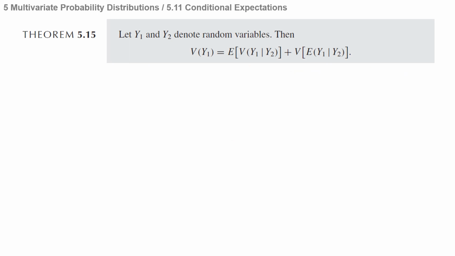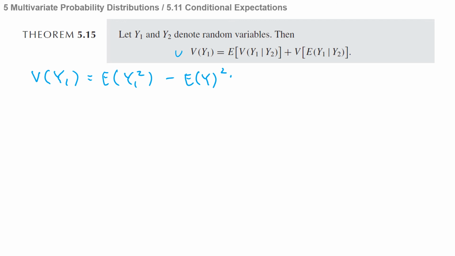Okay, let's move on to theorem 5.15. Let y1 and y2 denote random variables, then the variance of y1 is equal to the expected value of the conditional variance plus the variance of the conditional expectation. We want to show this. So to show that, we check the variance of y1, which is the expected value of y1 squared minus the expected value of y1, squared.